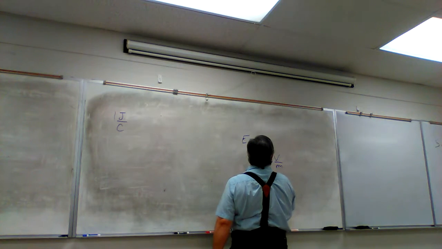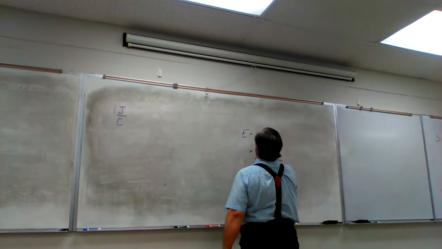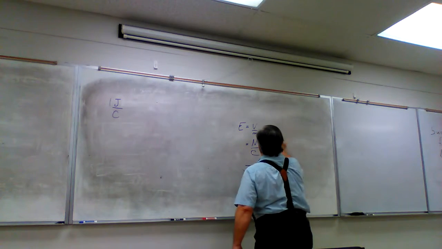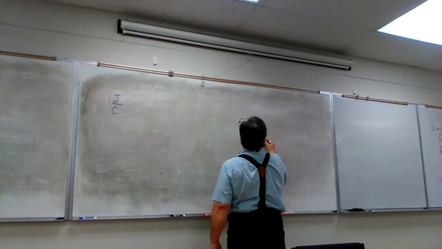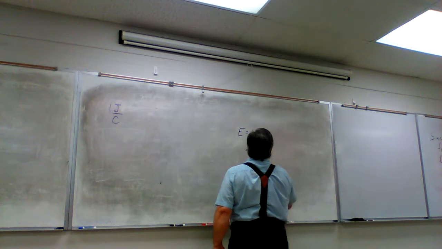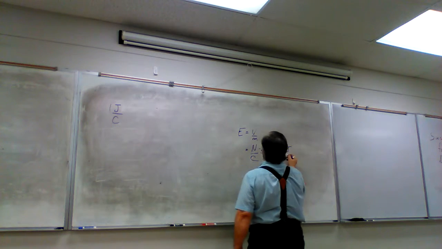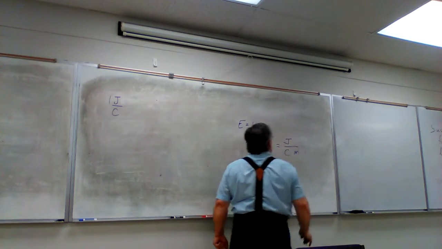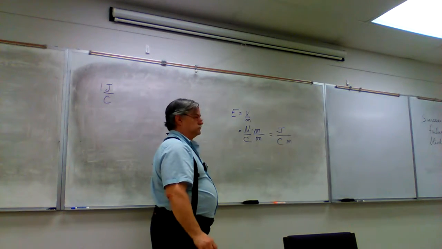So, if E, we multiply this by meter over meter, then we get an E field is 1 joule per coulomb per meter. Right?